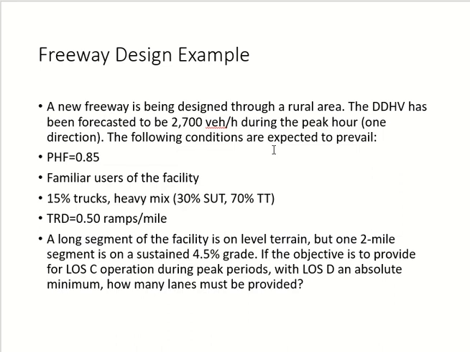We are looking to maintain level of service C, but minimum is D. Okay, this is our aim, but D can be accepted if there is no other option. And they are asking for how many lanes. This is why we call it design analysis. When they are asking for lanes, that means it's a design analysis.